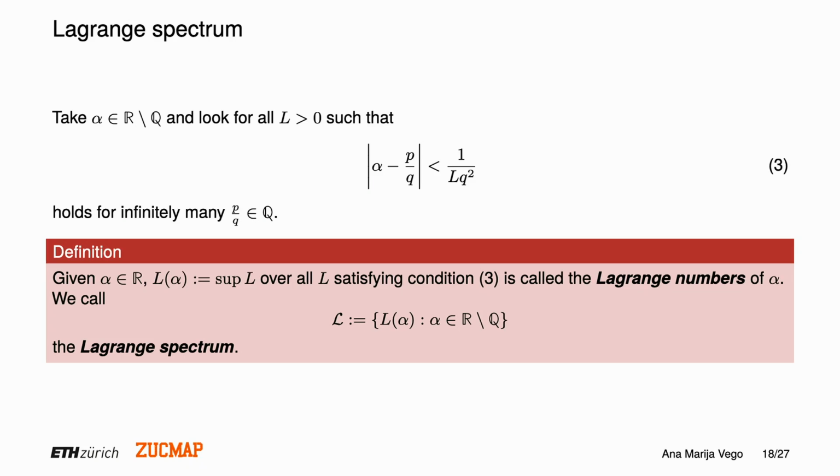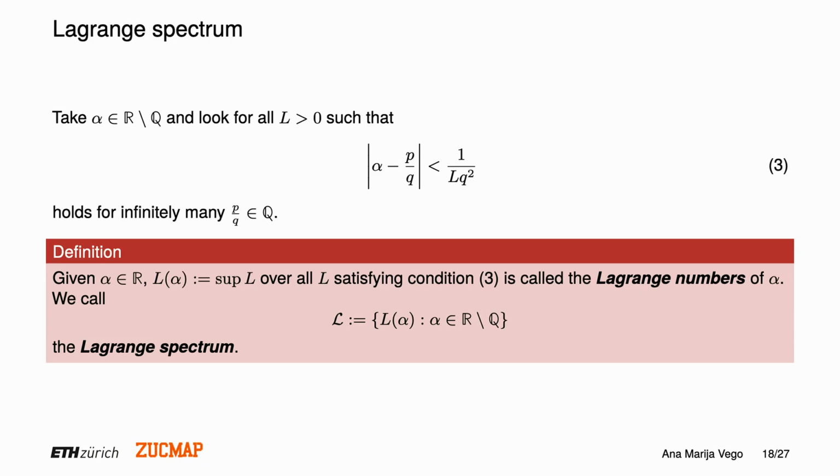And I introduce one more definition. If we take a real number, we say that the Lagrange number of the real number, denoted L of alpha, is given by the supremum of L taken over all real numbers L satisfying this condition above. And a collection of these Lagrange numbers just forms the Lagrange spectrum.